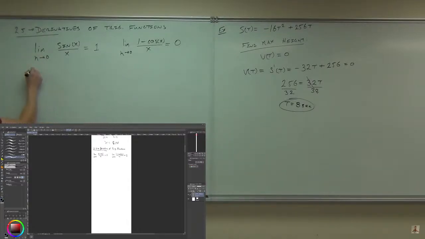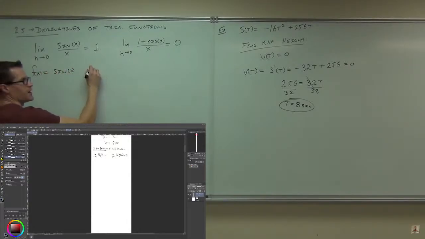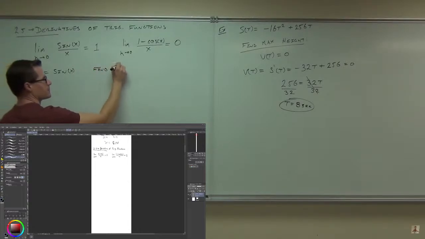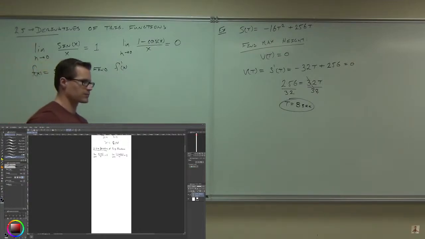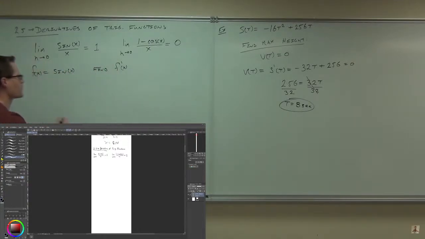What we want to do is, if f of x equals sine x, I want to find f prime. Well, here's what we know. To take a derivative, here's why we need limits again.